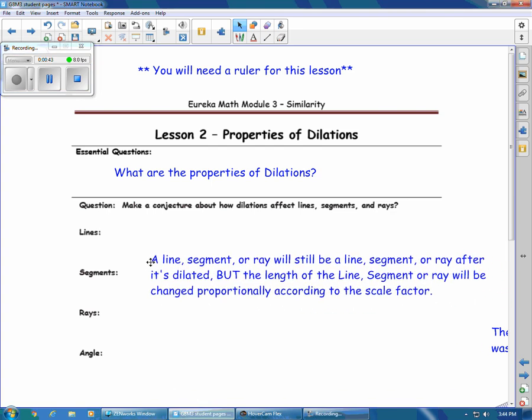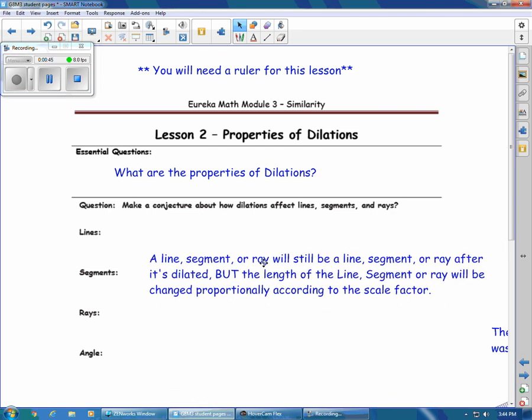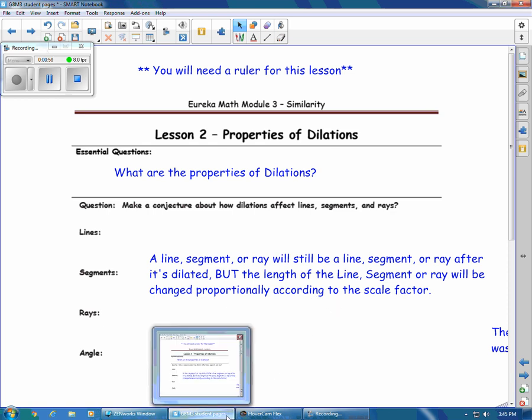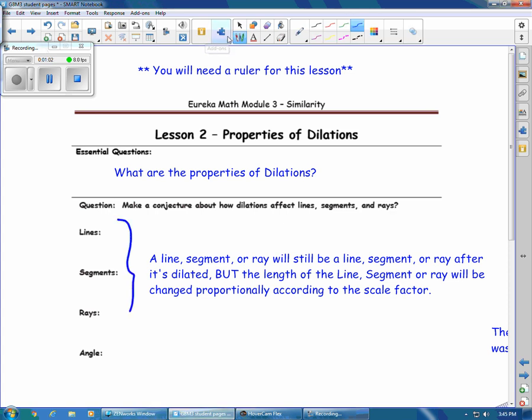So a line, segment, or ray will still be a line, segment, or ray after it's dilated, but the length of the line, segment, or ray will be changed proportionally according to the scale factor. In other words, all of them are going to be multiplied by the same scale factor.